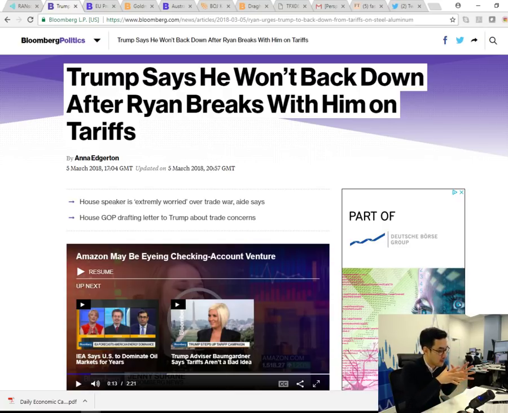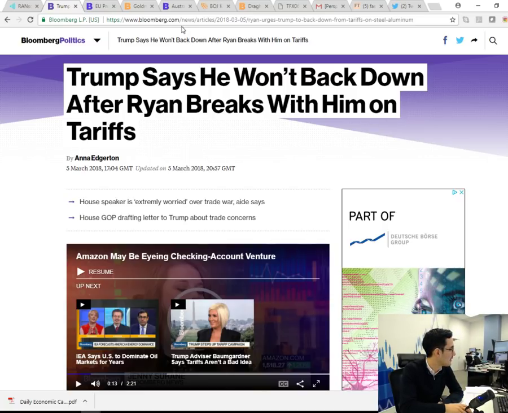And then away from the House, the Senate Finance Chairman, Orrin Hatch, whose committee oversees trade matters, has said that tariffs on steel and aluminium are a tax hike on the American people that we don't need and can't afford. Trump should carefully consider all implications.